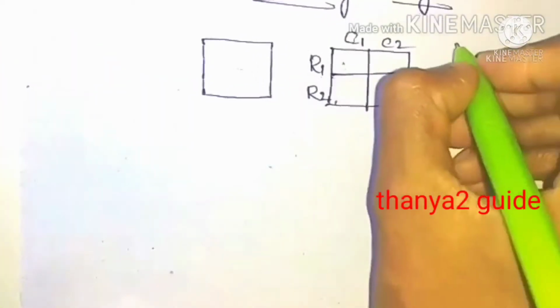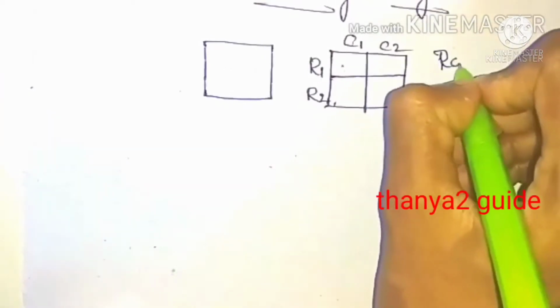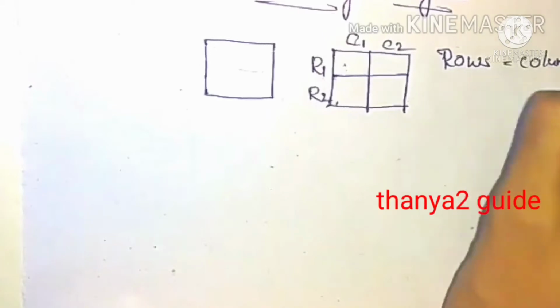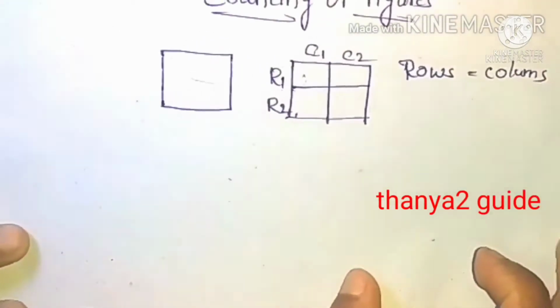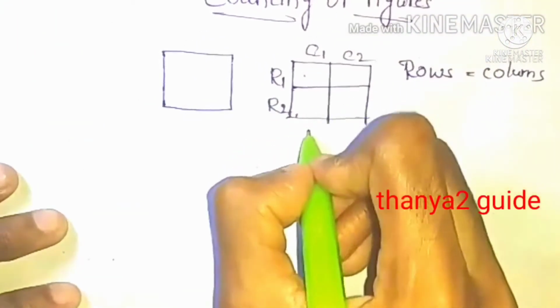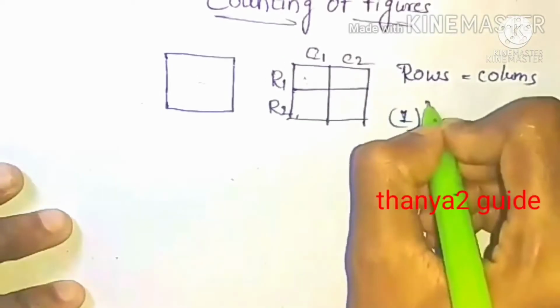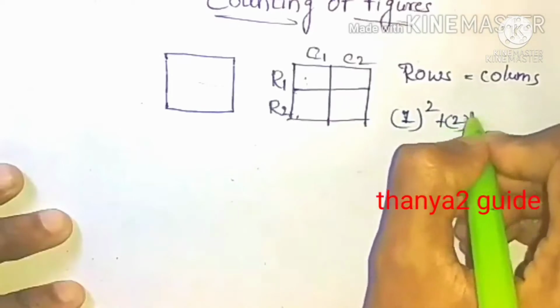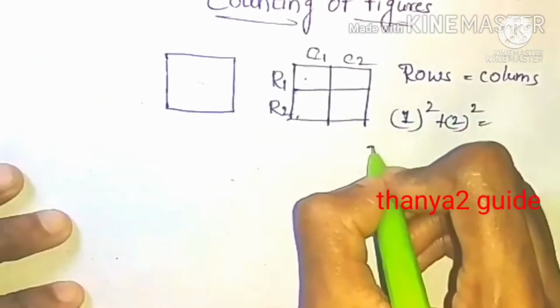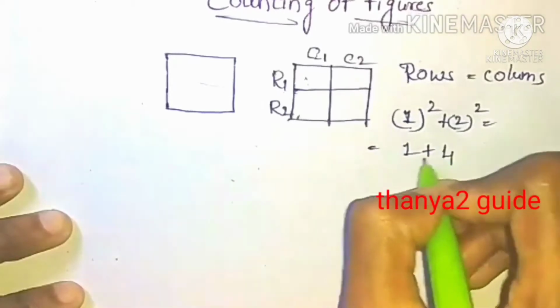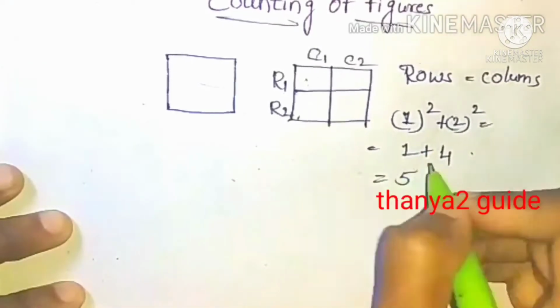So when rows equals columns, what we have to do is 1 square plus 2 square. What will we get? 1 square is 1 and 2 square is 4. So the total is 5.